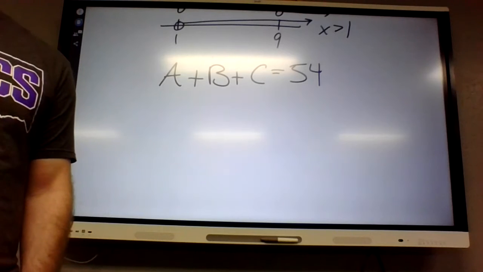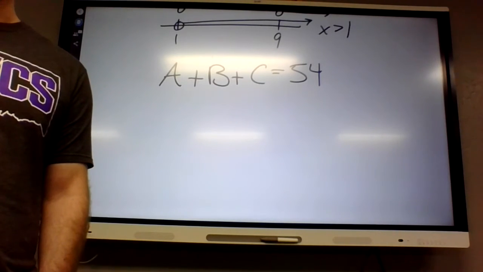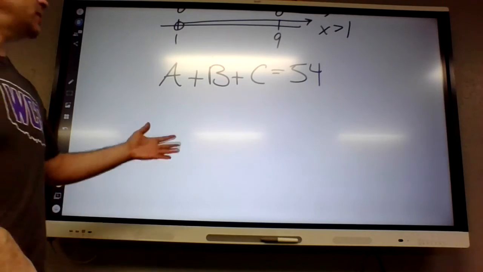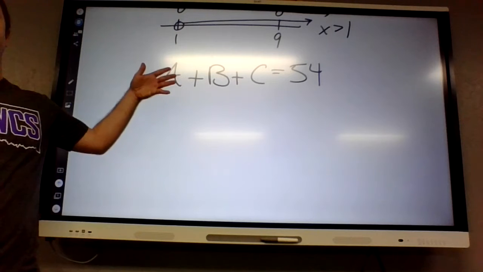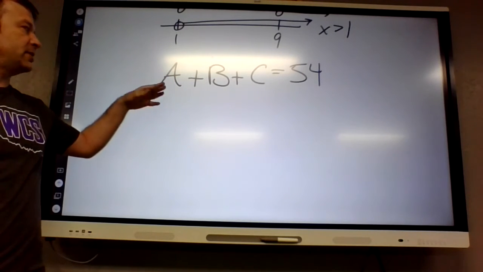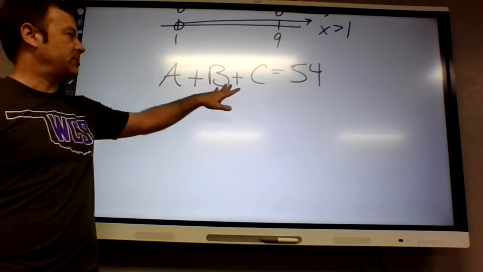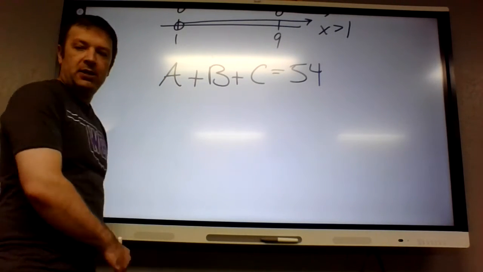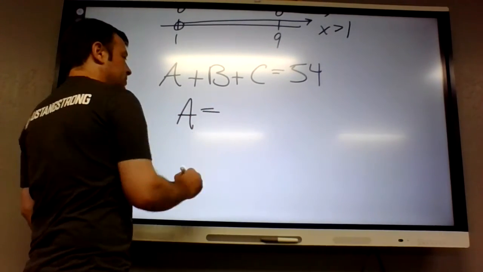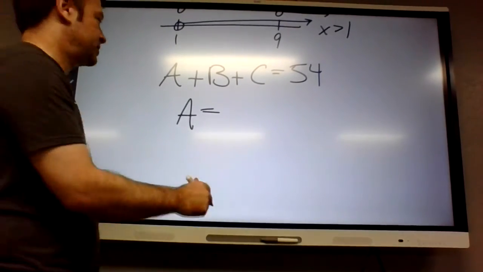Then it says, if the largest number is, what did is mean? Equals. So I don't really know which of these is the largest, so you just got to say, let's let A be the largest or something. Doesn't matter. So let's pretend we know A is the largest, B is the middle, C is the smallest. So it says the largest number is twice, what does twice mean? 2 times the smallest.